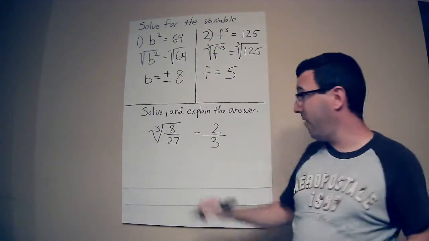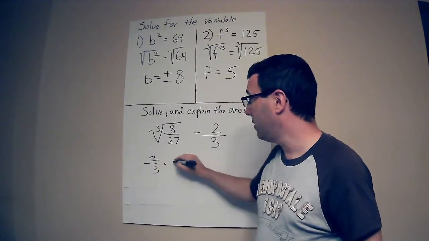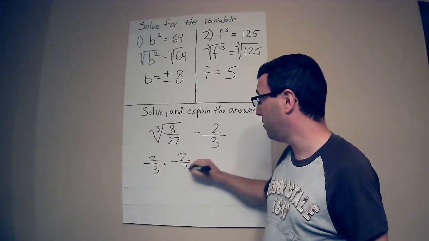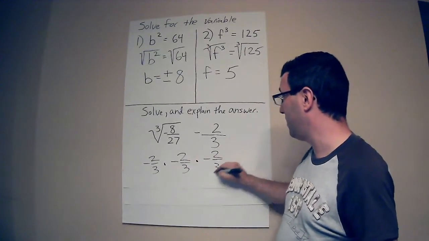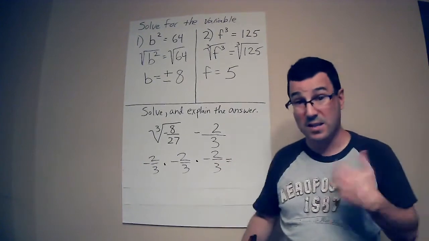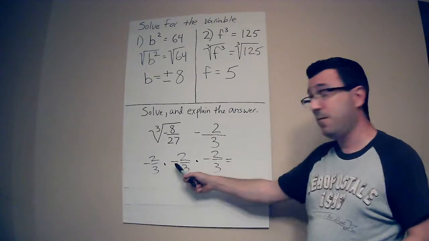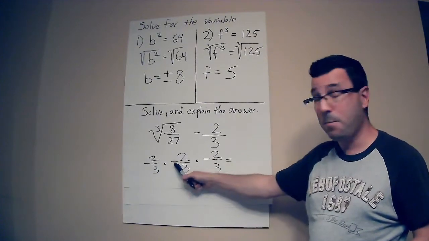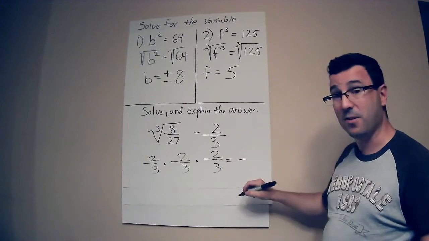Because when I have a negative 2/3 times a negative 2/3 times another negative 2/3, so that's negative 2/3 cubed, a negative times a negative is a positive, but then another negative makes it a negative answer.